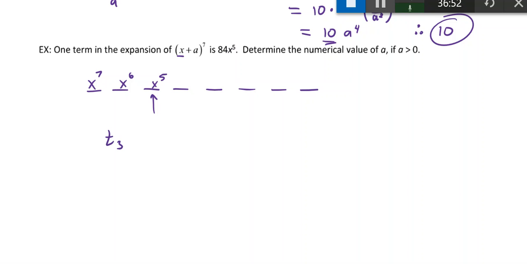All right, so T3, then I could say K is equal to 2. So now let's just go ahead and fill in what we know. This is going to be nCk, so that's 7C2, times x, right, because that's our first term there. x to the power of N minus K, so 7 minus 2, so 5.